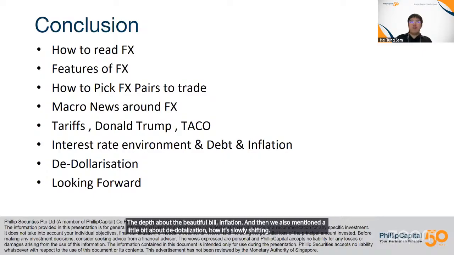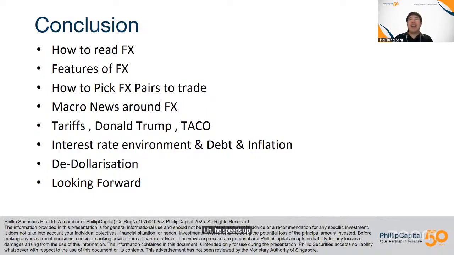De-dollarization usually takes many years, unless there's a big nexus event like a war, then obviously that speeds things up. And obviously with Donald Trump doing his stunts, it speeds up but it still takes time. Then what to look forward to as well.